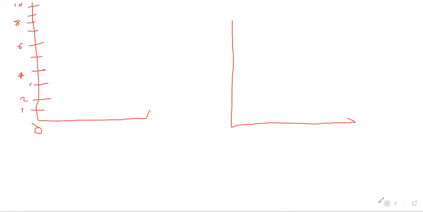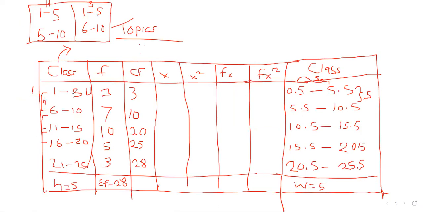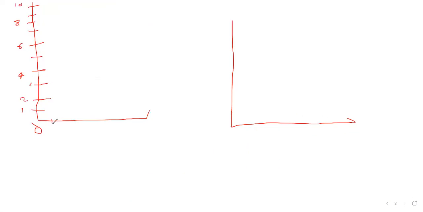So we discovered this one with spaces here is a bar chart. Along the horizontal axis, 5, 10, 15, 20, 25, 30.